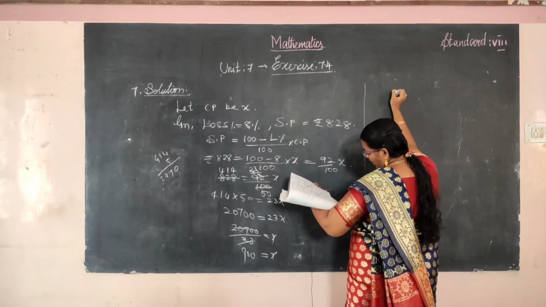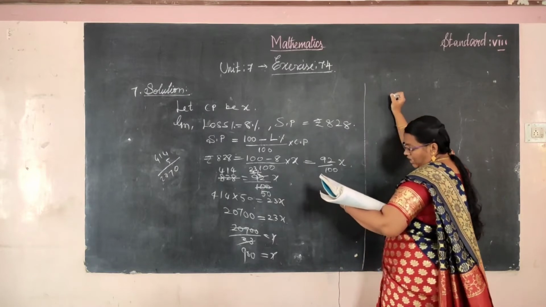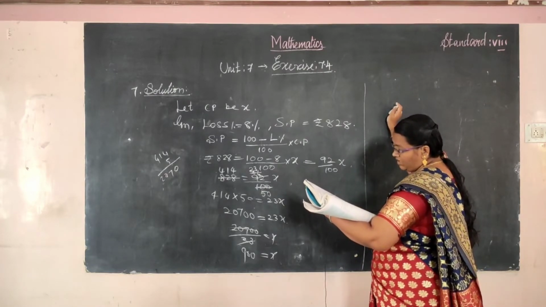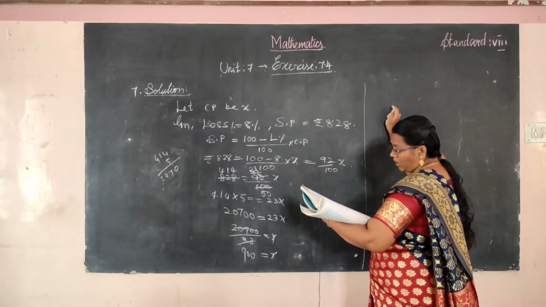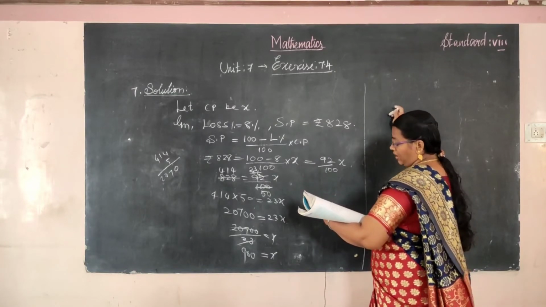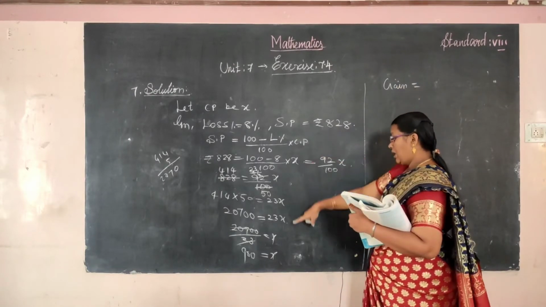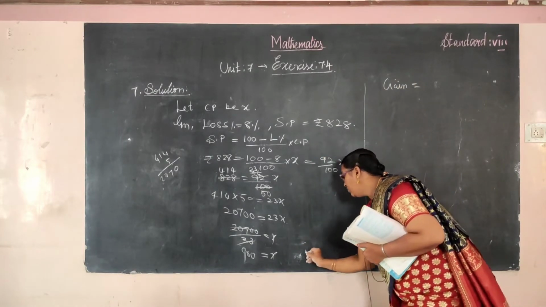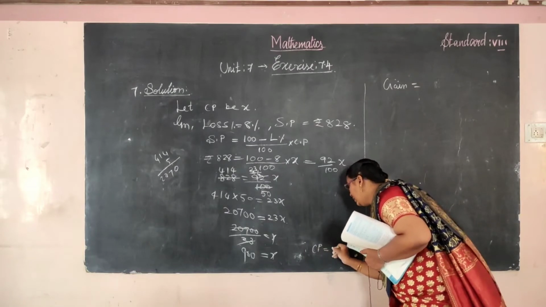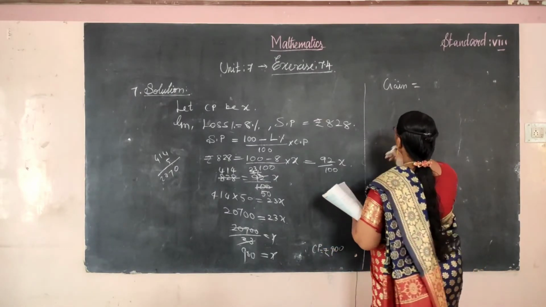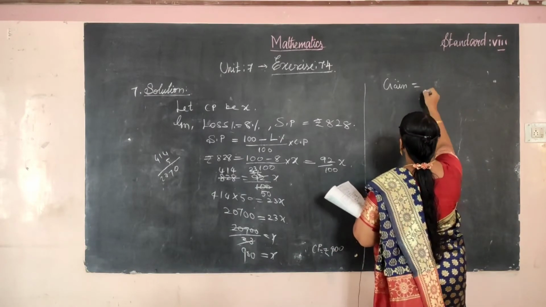What we find out here: what will be the gain or loss if he will sell it for 1200 rupees. So we have to find the gain. Okay, so now we have found the cost price, is it? Therefore CP is equal to 900 rupees. Okay, so what is the formula for gain?